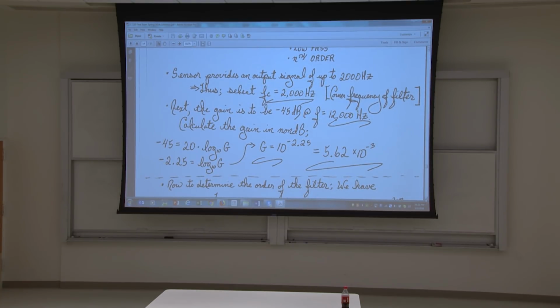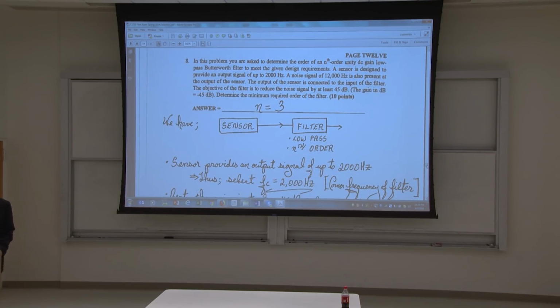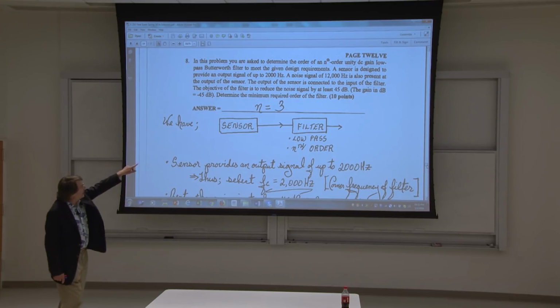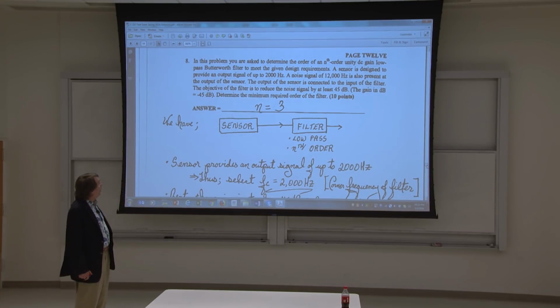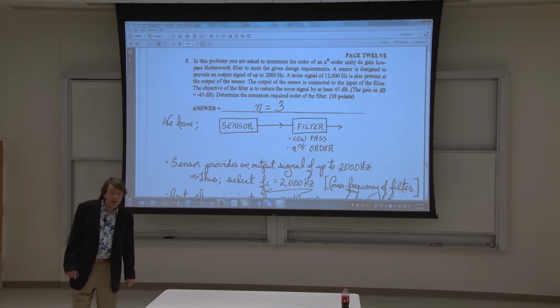Now, we want the gain. So let me go back and read the problem with you to make sure you and I are in sync. The third line down, a noise signal of 12,000 hertz is also present. Next to last line, the objective of the filter is to reduce the noise signal by at least 45 dB.